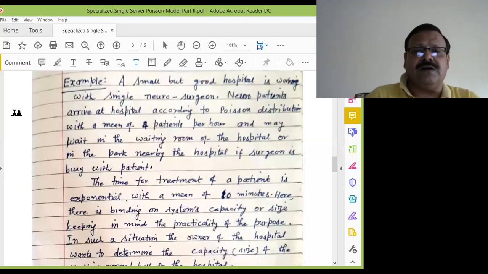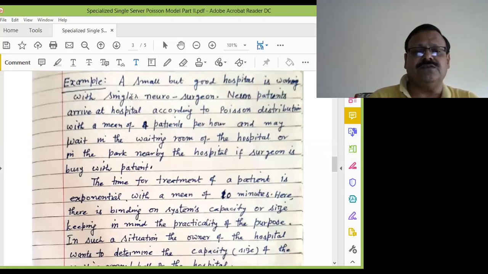A small but good hospital is working with a single neurosurgeon. Only one doctor is here. This is a small but very good hospital. Neuro patients arrive at the hospital according to a Poisson distribution with a mean of 4 patients per hour. This is the arrival process, and it follows the Poisson distribution.